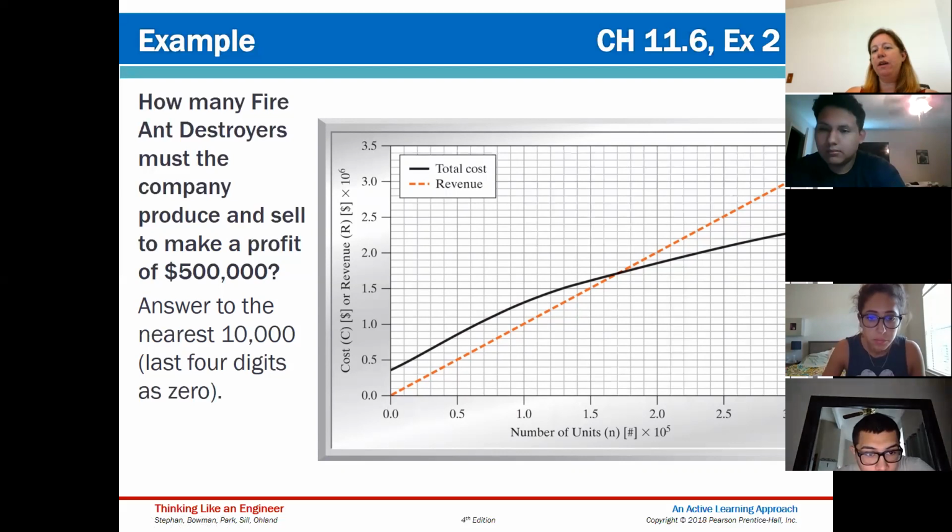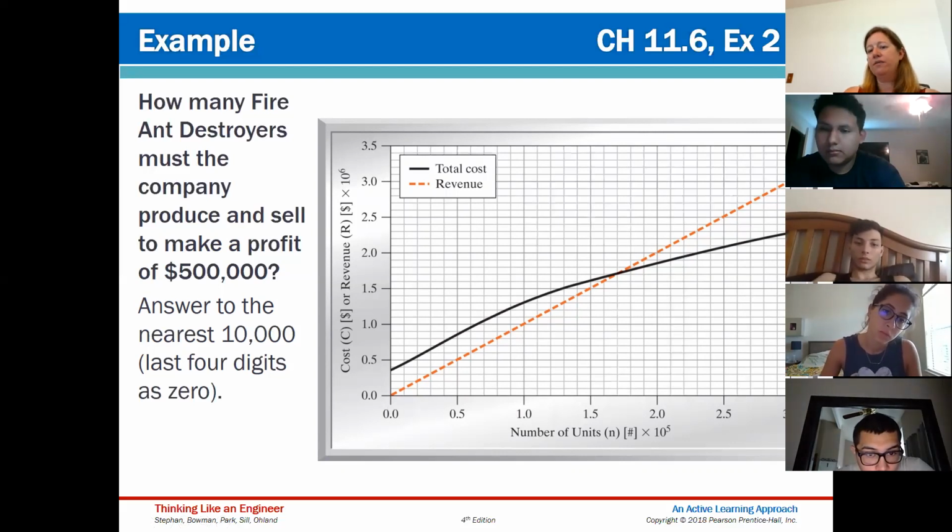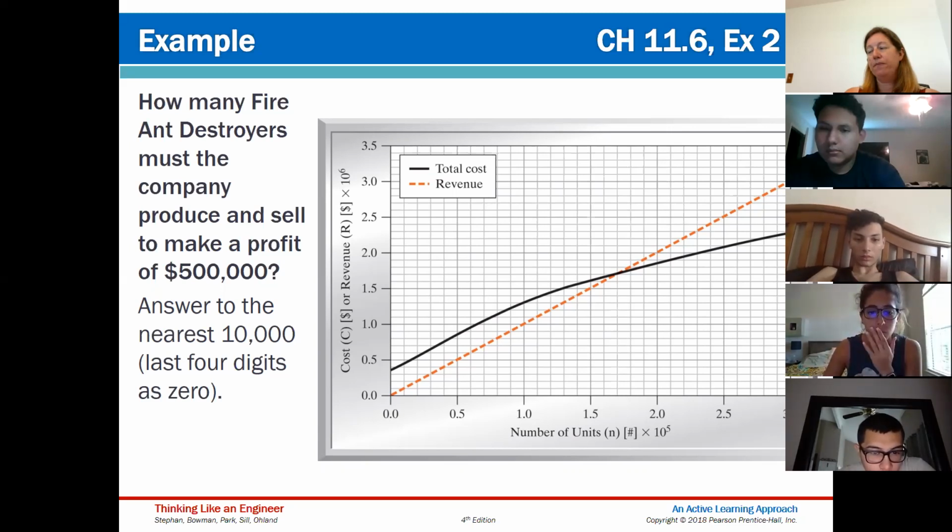So how do we determine what our profit is, or how much of a profit there is? We look at the orange line.